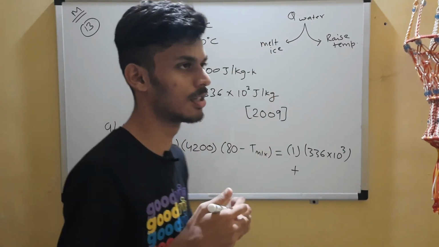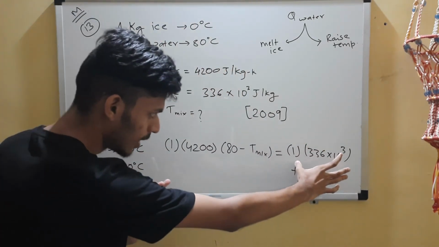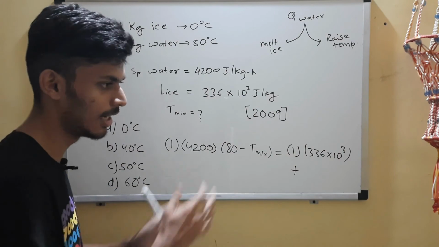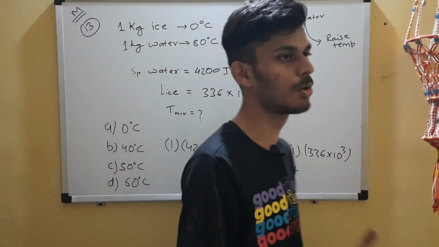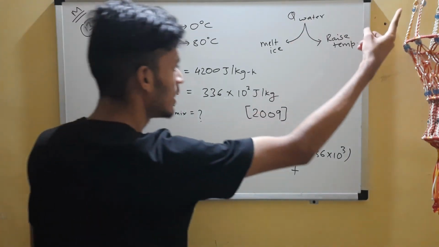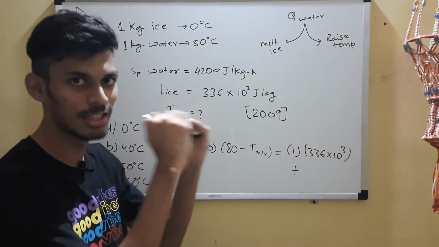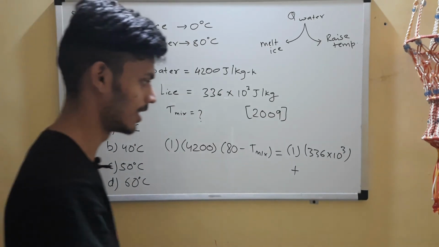The ice was initially at 0 degrees Celsius. By giving this amount of heat, the latent heat, it has been converted to water at 0 degrees Celsius. Now the second job is to raise the temperature till T mix, right? So that's how they reach the same temperature. Obviously, logic.